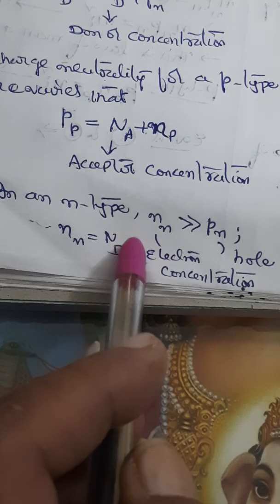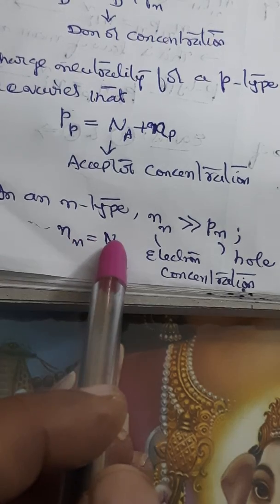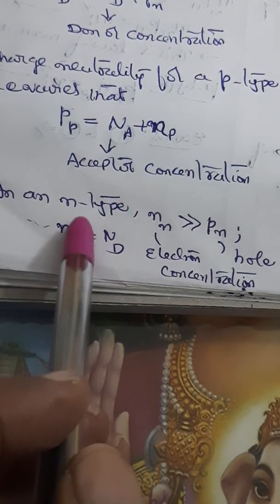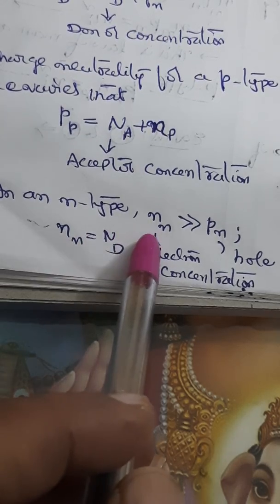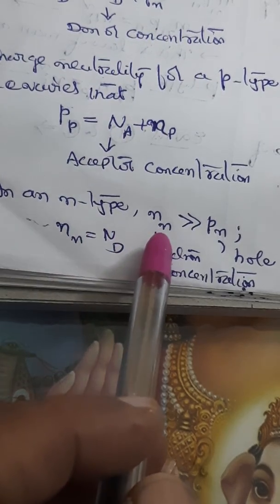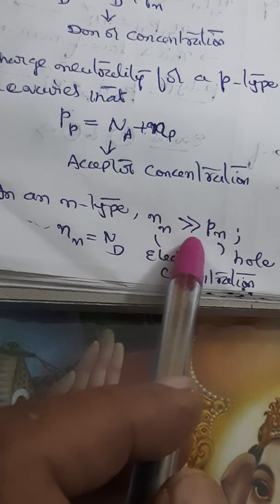So n_n is greater than p_n, that means n_n is equal to N_d. Here n_n and p_n are the electron and hole concentrations in an n-type semiconductor.